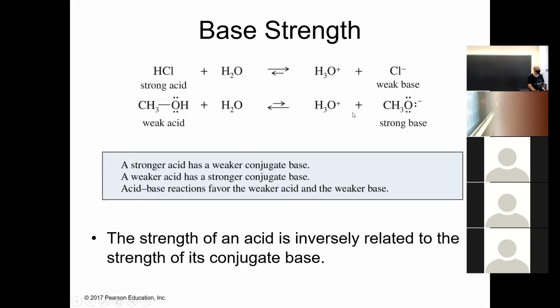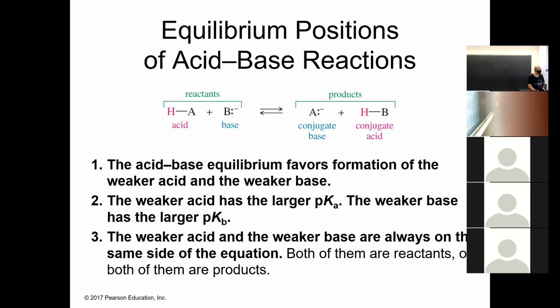That's the way the equilibrium is going to shift or favor. The weaker acid has the larger pKa, and the weaker base would have the larger pKb. You can actually compare either the acids or the bases to determine which side of the equilibrium is favored.